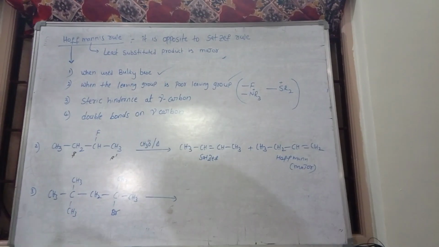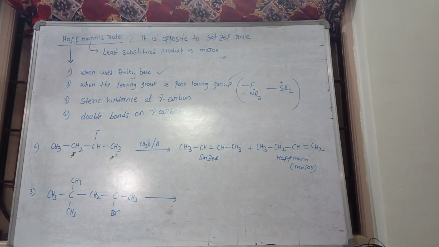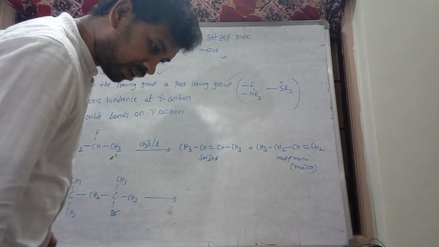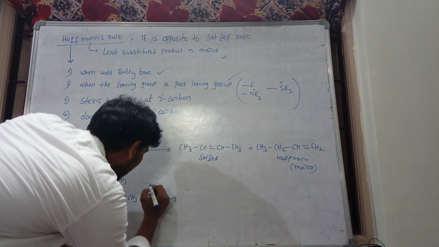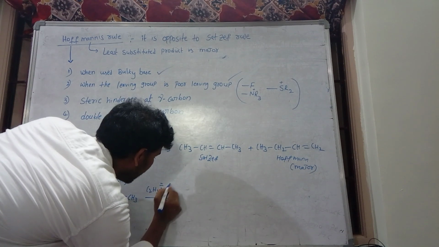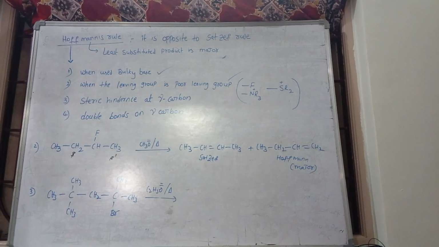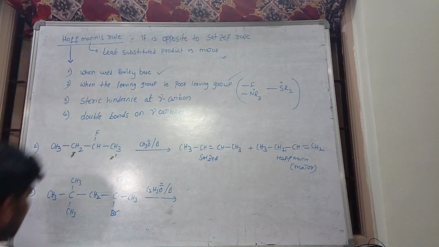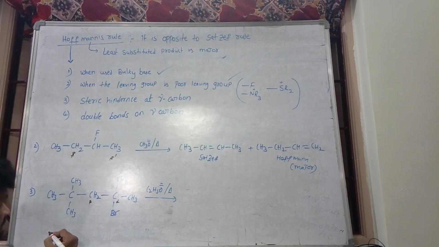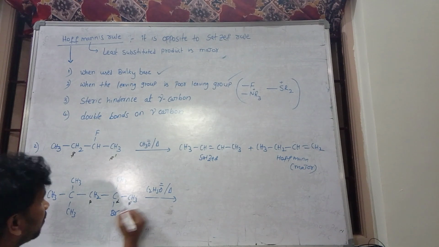Next, the third one: steric hindrance at the gamma carbon. Now I am taking the same base, C2H5O minus, with heating. Now, how many betas are there? This is alpha, this is beta, this is also beta, this is also beta.